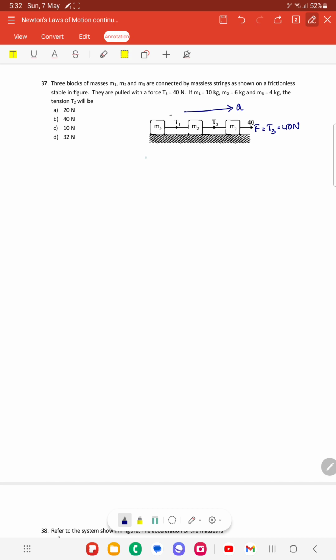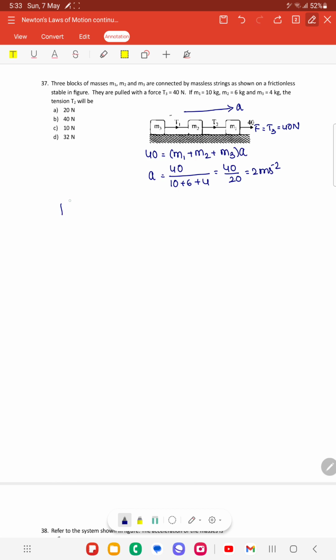So F is equal to m into a, so 40 is equal to (m1 plus m2 plus m3) into a. So we can calculate a, that is 40 by (m1 plus m2 plus m3), that is 10 plus 6 plus 4, which is 40 by 20, which is 2 meter per second square. Acceleration is 2 meter per second square. So we have to find the value of the tension T2.